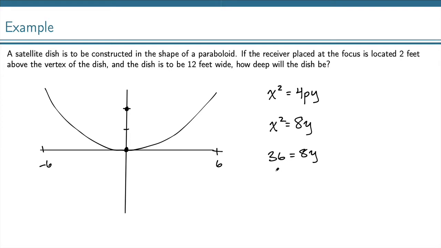Divide both sides by 8, and if we reduce, 4 can go into both of those. That's 9 halves, y. That's the distance from the vertex up to that point, which is the depth of the satellite. That's 9 halves, so 4.5 feet is the depth of this satellite dish.